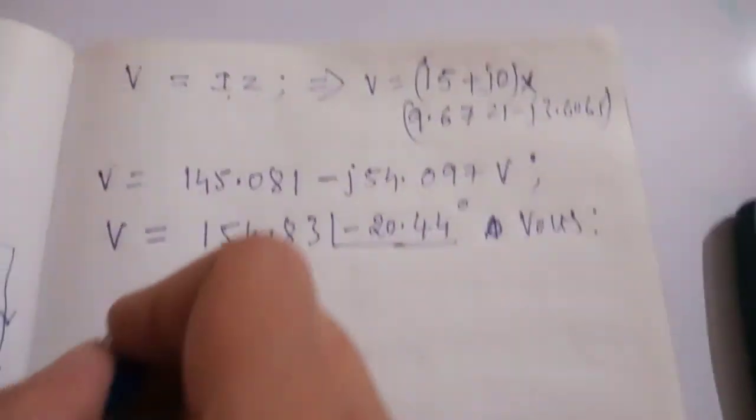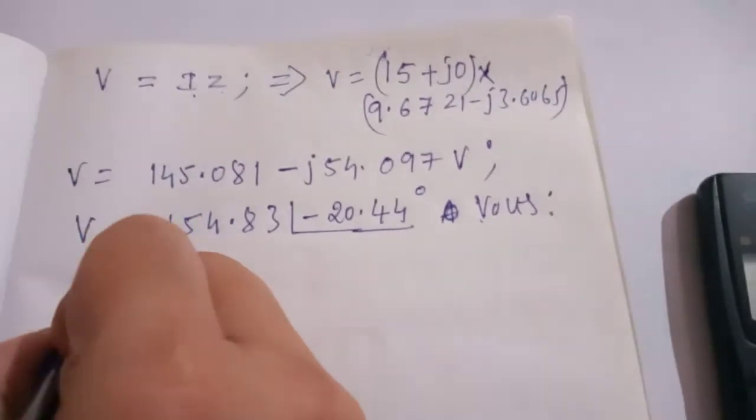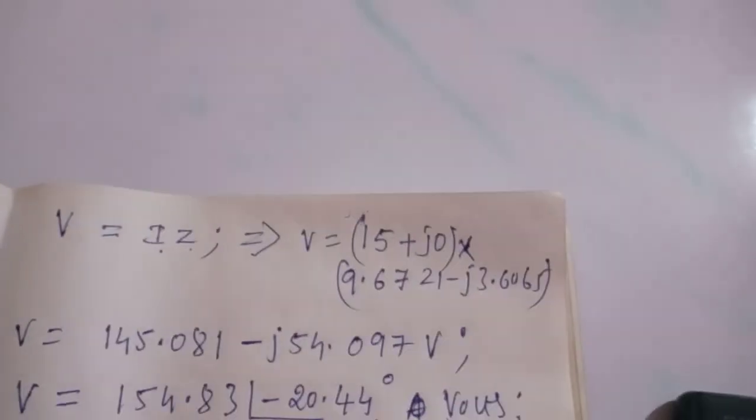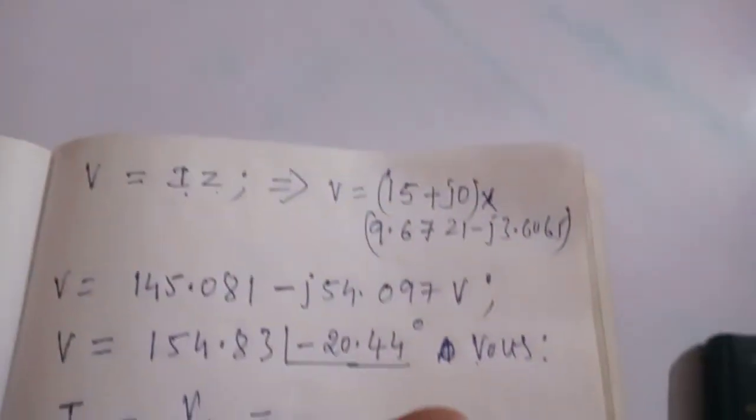Now if I want to calculate the current I1, V by Z1, right? V will be the constant, no? V by Z1. What is V?